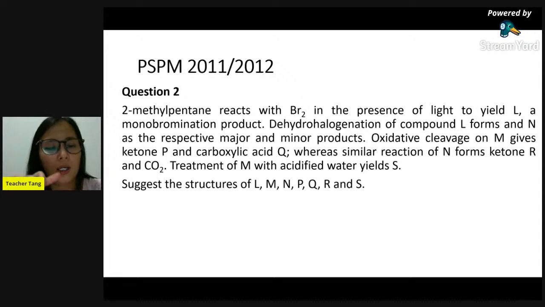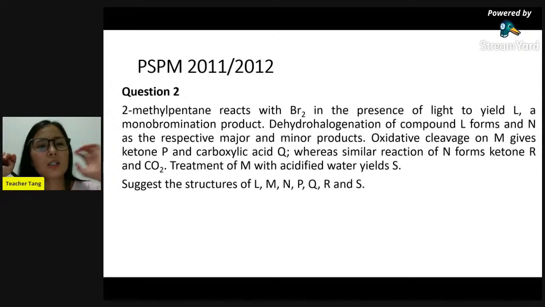And alkene undergoes two types, electrophilic addition and also oxidative cleavage. Okay, so in this question number 2, we are combining everything together, the hydrocarbons, but not too difficult. This question, we shall look at this.